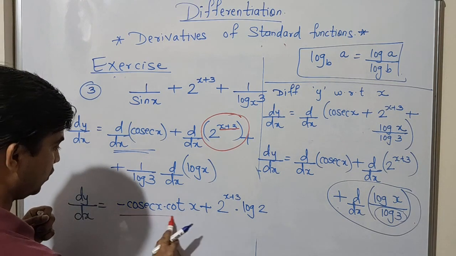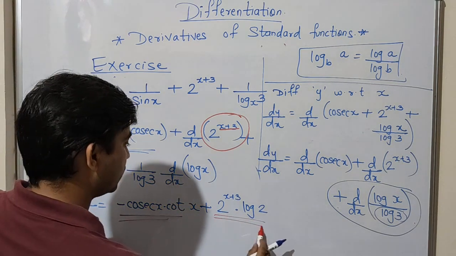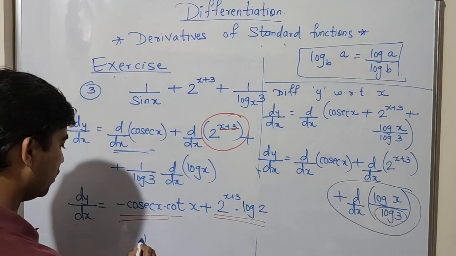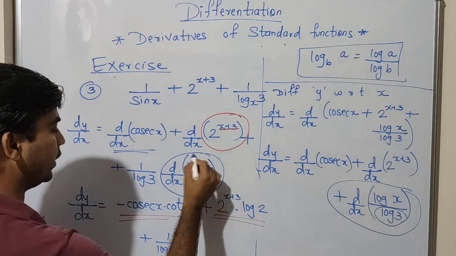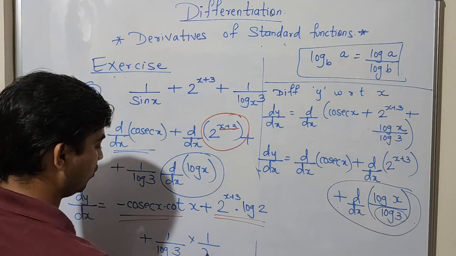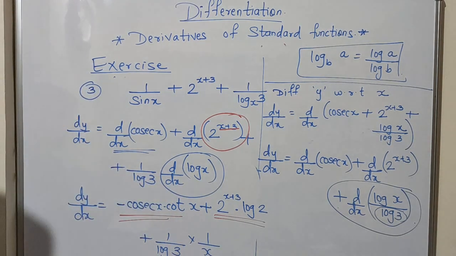Okay. Second part is done. We get the third part. What is that? Plus 1 upon log 3. What is the derivative of log x? 1 by x. Let us write the final answer over here.